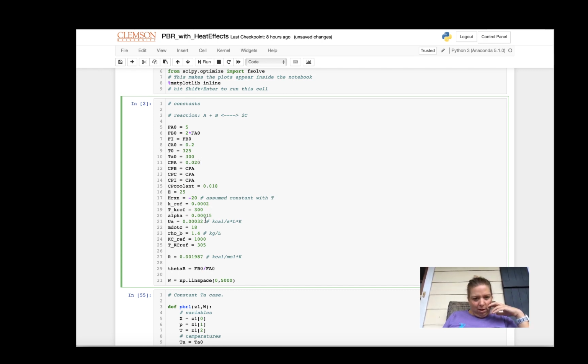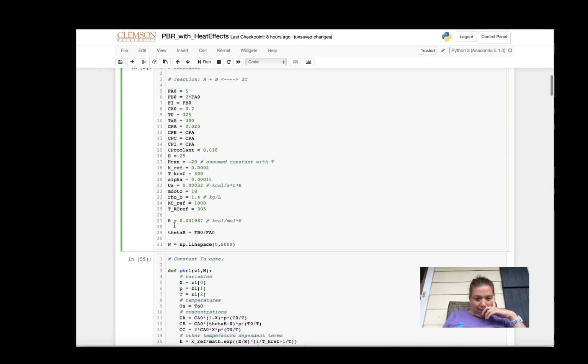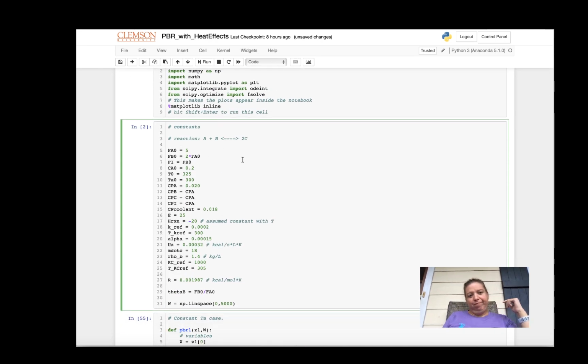And then additionally, the heat transfer coefficient, I divided that by a total factor of 1 million in order to get it into units of kilocalories per second per liter per Kelvin. And then also this rho B here, I've already divided that out. Gas constant, I looked that up. I want the value that's in kilocalories per mole Kelvin because that's what's consistent with all of the other units here.